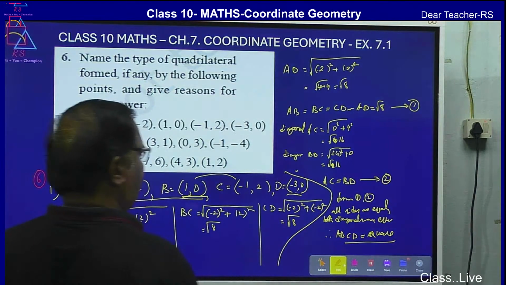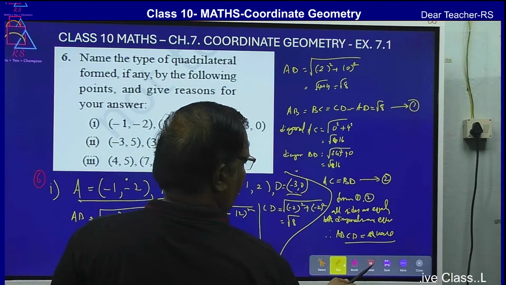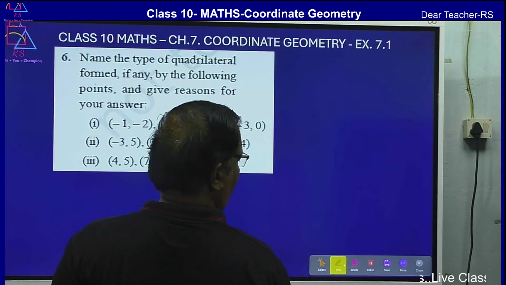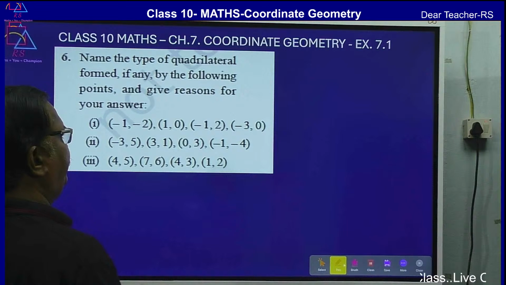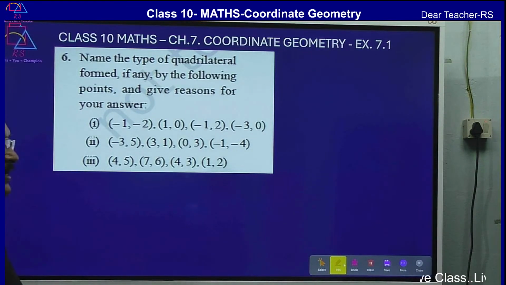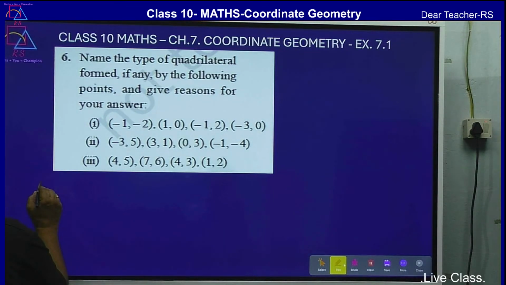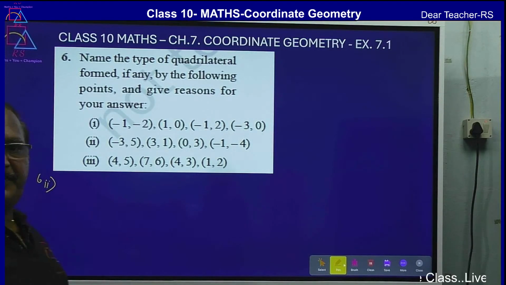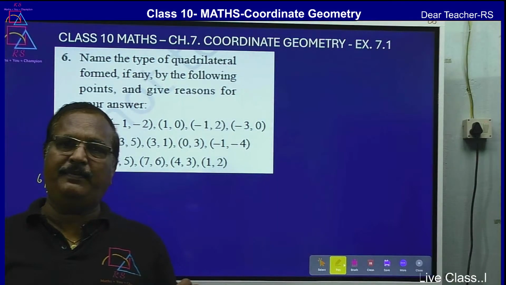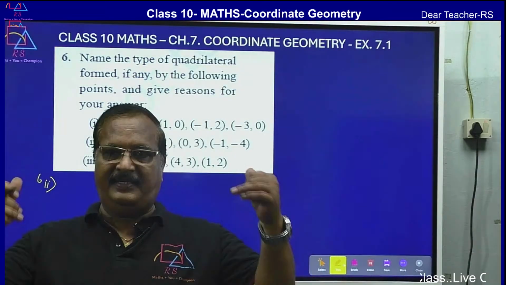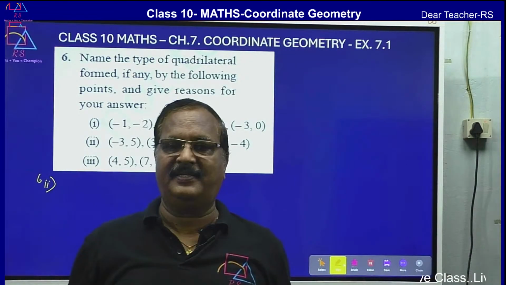Let us do the second question also, the sixth question, second bit. It's a very, very important question. There is a 99.9% chance of getting this question in the board examination.